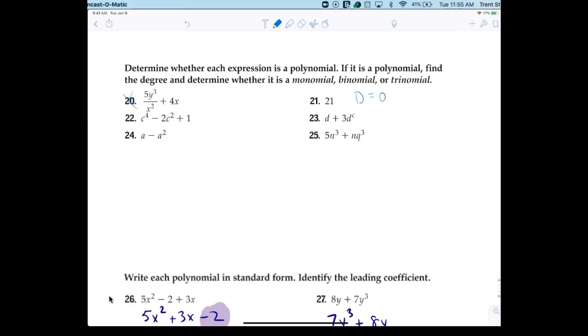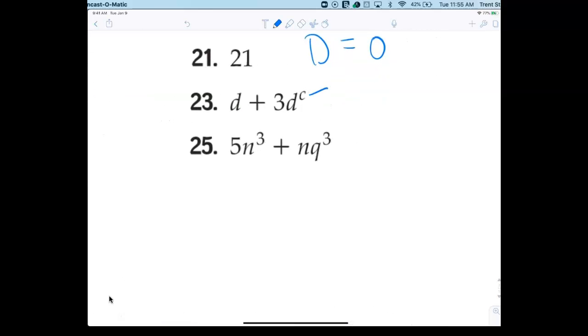And the degree is 4. 23, is that considered a binomial? No, because there's a power to a variable. That's 100% correct. Very good job. The exponent cannot be a variable, so that's not considered a binomial or a polynomial.